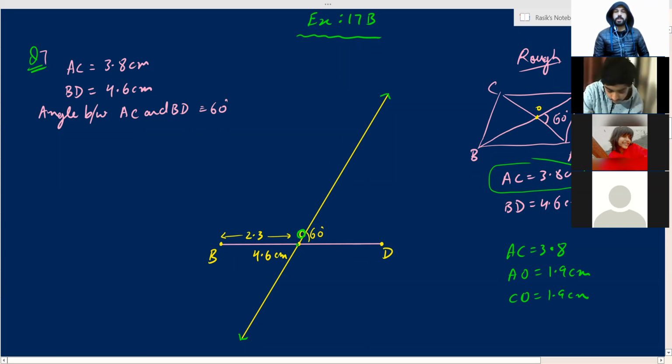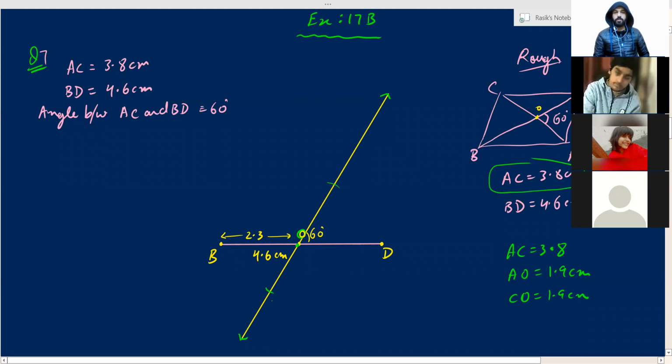With center point O, cut two arcs at a distance of 1.9 centimeters on the yellow line, both the sides. 1.9, 1.9.